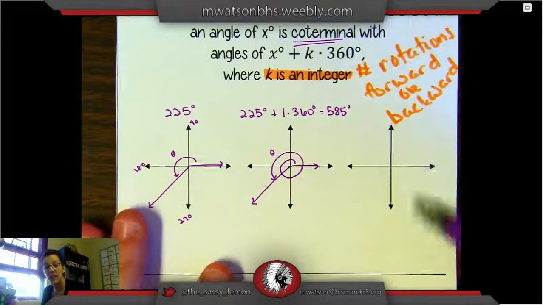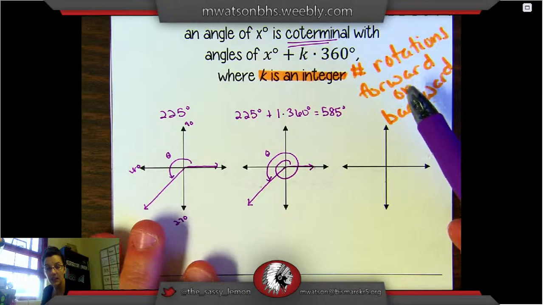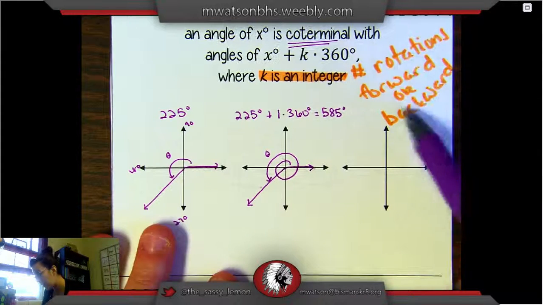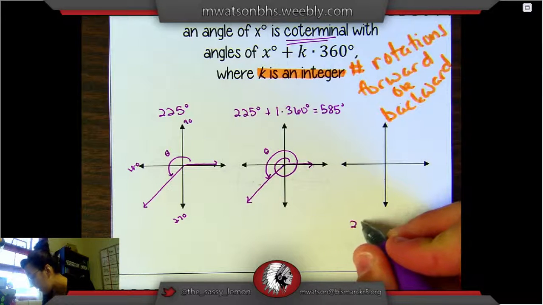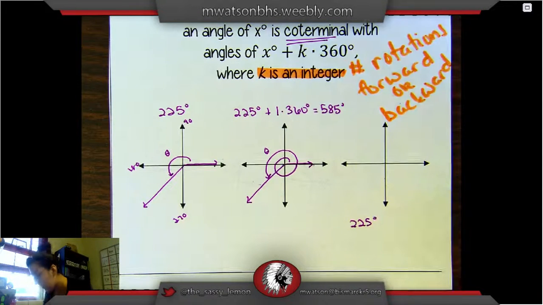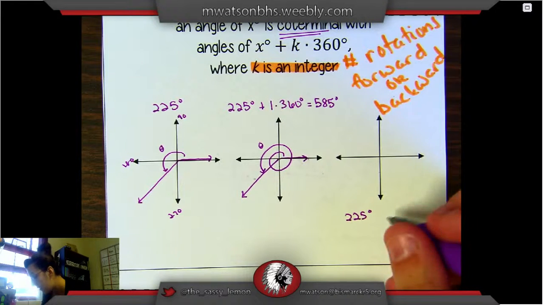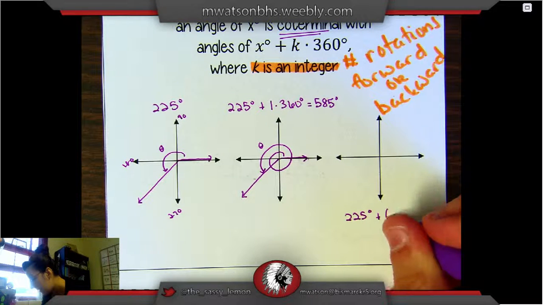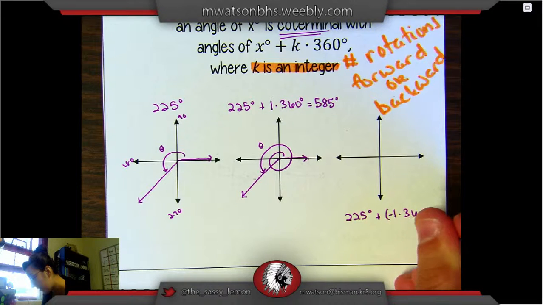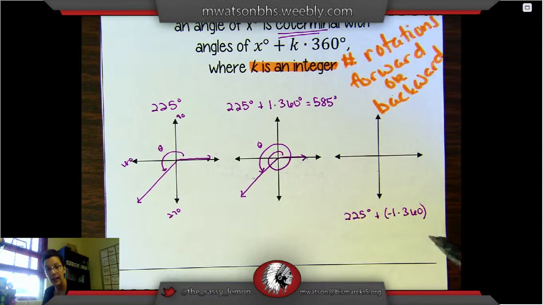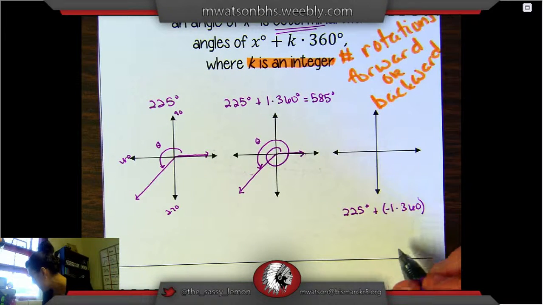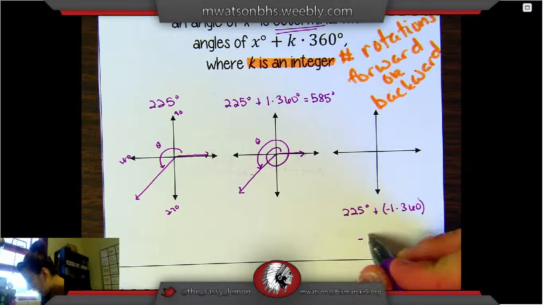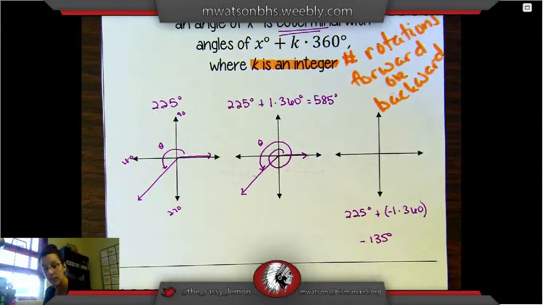Now for this last one, let's go ahead and do a rotation that's backward. Since I wrote up here, I'm going to put my work down here. To do a rotation that's backward, we're going to take our main angle we're starting with, 225, and this time we're going to do plus -1 times 360. So we've made our k negative. Whenever we add 225 and -360, we should get -135 degrees.